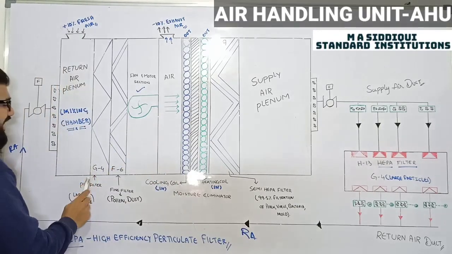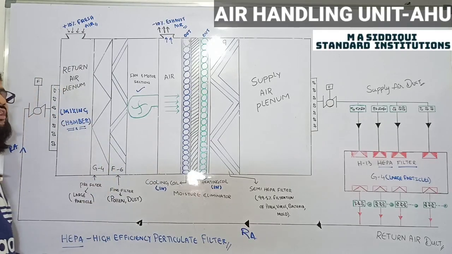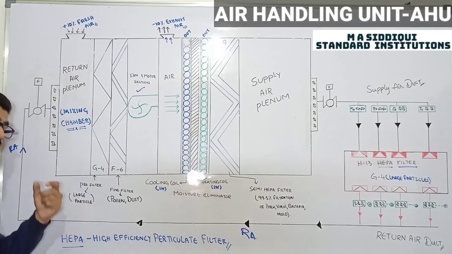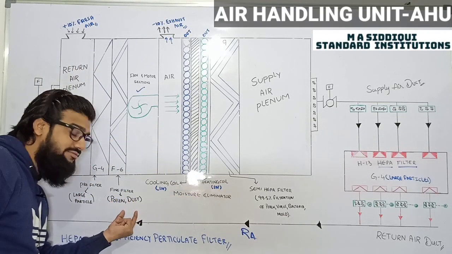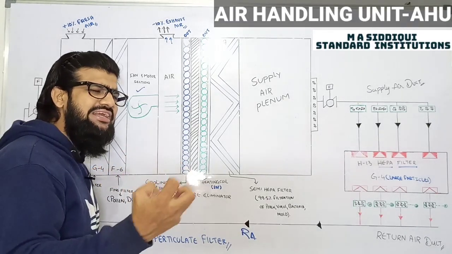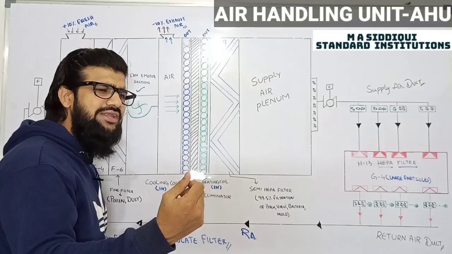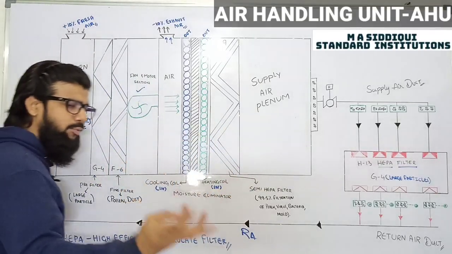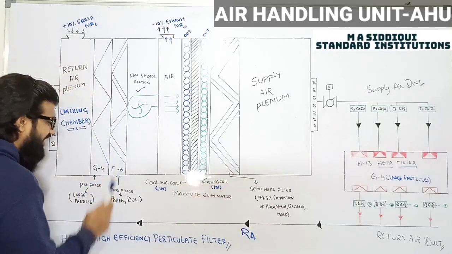Then right after G4, we are providing an F6 fine filter. After the pre-filter, we are giving a fine filter. What does this fine filter do? It will collect even all the minute particles which our naked eye can't see. Pollen and dust will be captured by the fine filter.